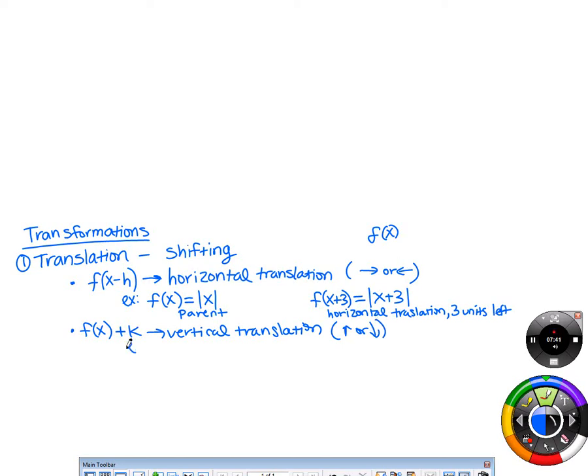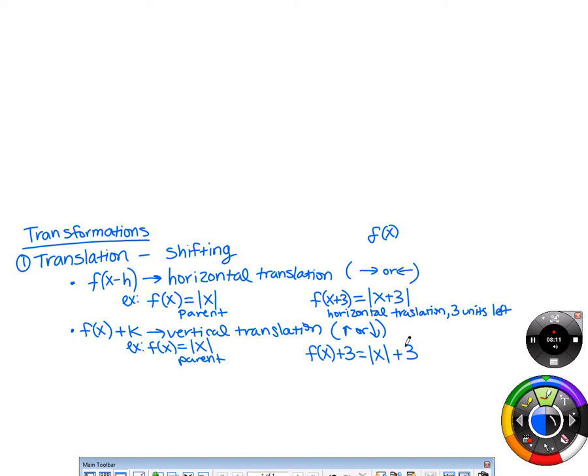And again, for an example of this, if we stuck with our absolute value parent function, there's our parent function equation. The difference is we would do f of x, and then the plus 3 would be outward, so this would be the absolute value of x, and then plus 3 outside of it.